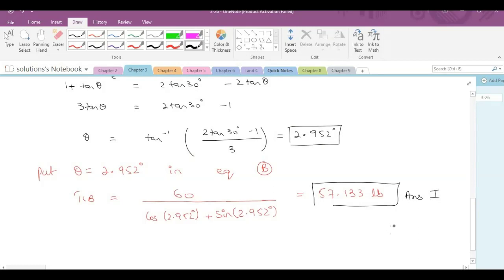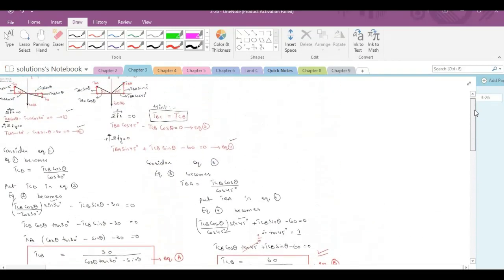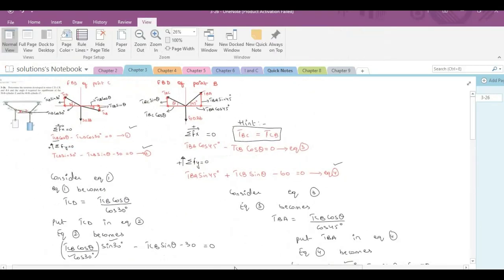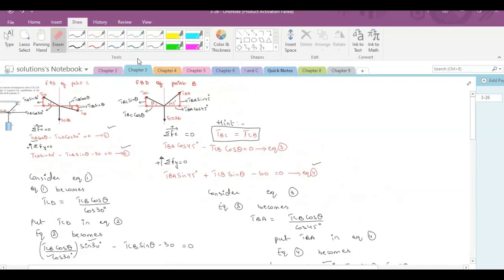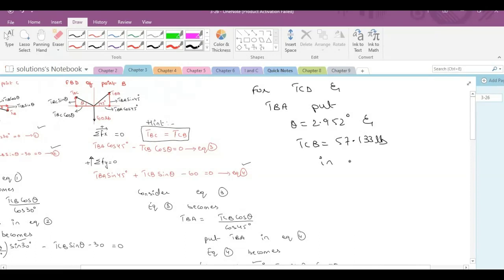Now we have to find the other forces. So if I move back to the upper equations, the equations 1, 2, and 3, and 4, let's say, so now for the forces TCD and TBA, put theta equals to 2.952 degrees and TCB equals to 57.133 lbs in equations 2 and 3.